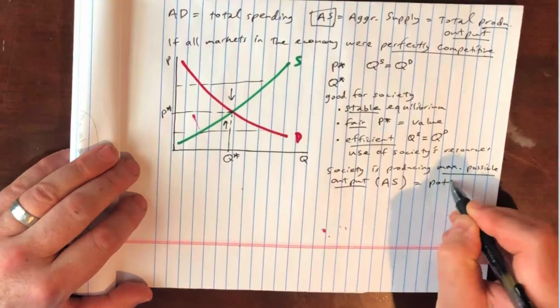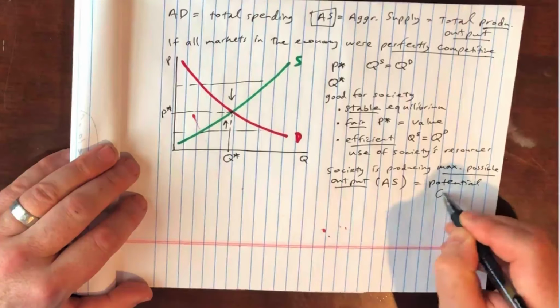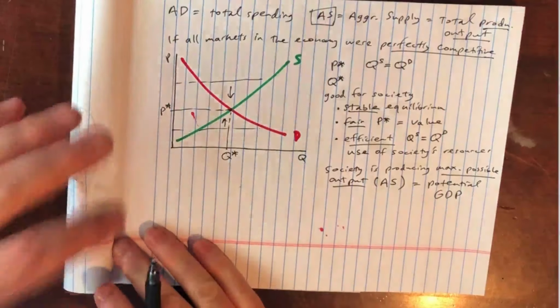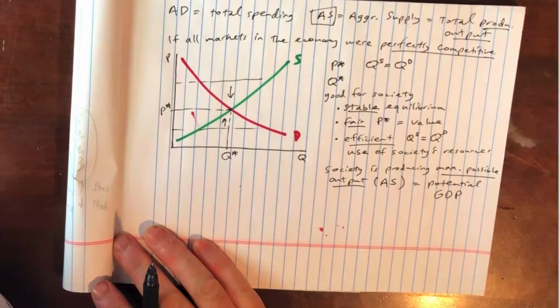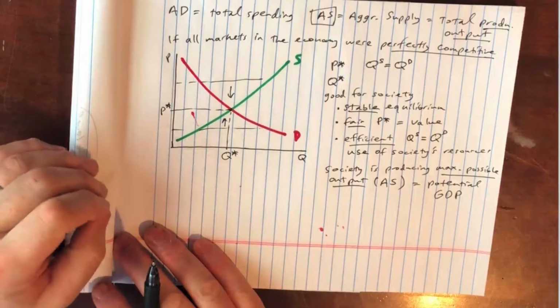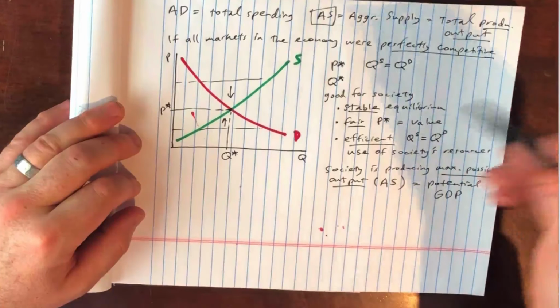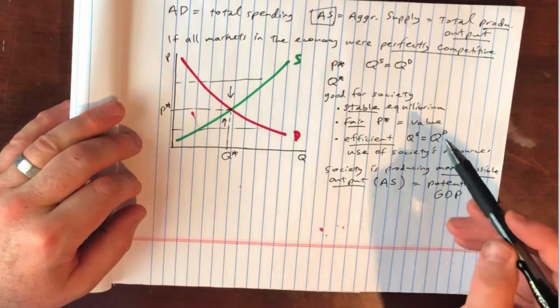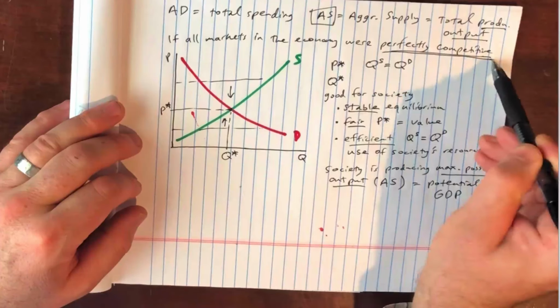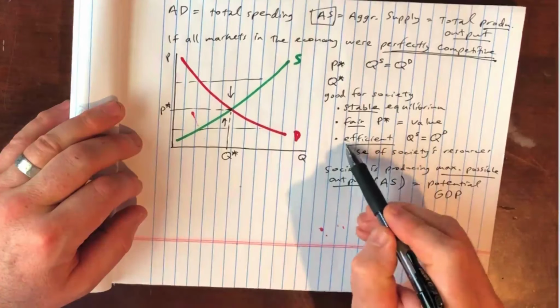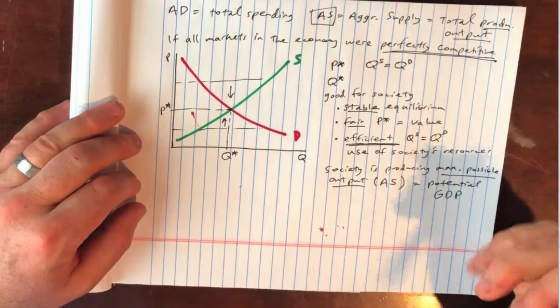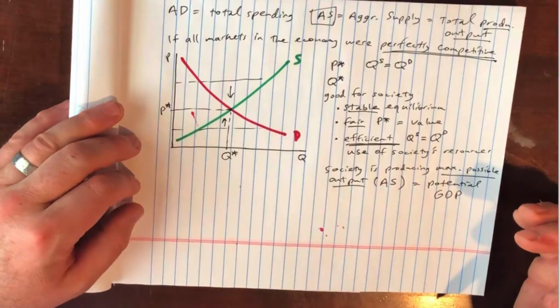Let's rename this a little bit and call it the potential GDP. So the maximum possible level of output, the potential GDP, meaning if all the stuff I said is true, if all markets are perfectly competitive, if all the resources are being used efficiently, we just advanced an argument for why that's the case.